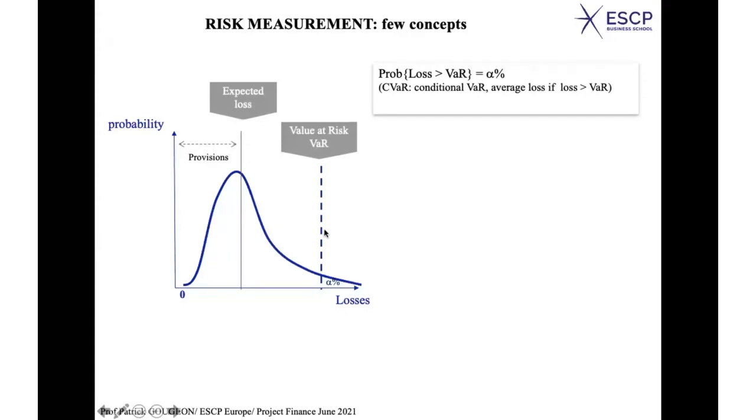So the definition of the value at risk is this: the probability of a loss higher than the value at risk is just alpha percent. So to get it, you start with the probability distribution. You take alpha percent here, and when you reach alpha percent below the curve, on the right side of the curve, then you reach the limit which corresponds to the value at risk. Okay? So why do we do that?